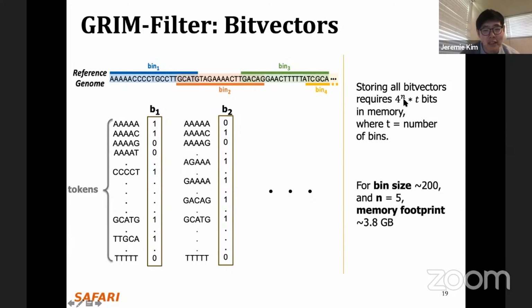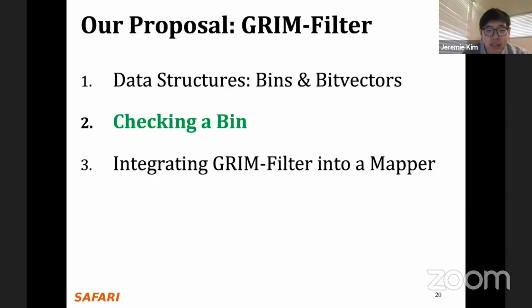So this equation is 4 to the n times t, because there are 4 different nucleotides, n is the token size, and t is the number of bins. For a bin size of around 200 and a token size of 5, the memory footprint is around 3.8 gigabytes, which is reasonable for modern memory sizes. So it can completely fit within these memory constraints.